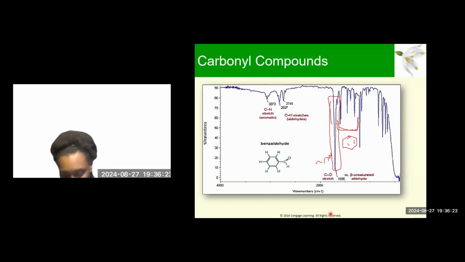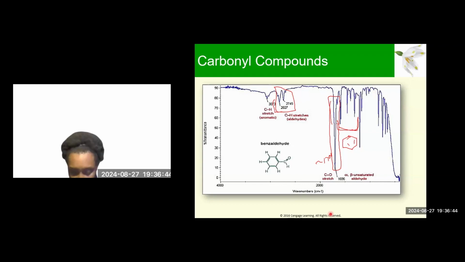All right. But also, aldehydes have something very special. That carbon-hydrogen is going to have a stretch, and that stretch is going to create two distinctive peaks here. So aldehydes will always have about 2820 and 2720 twin peaks.